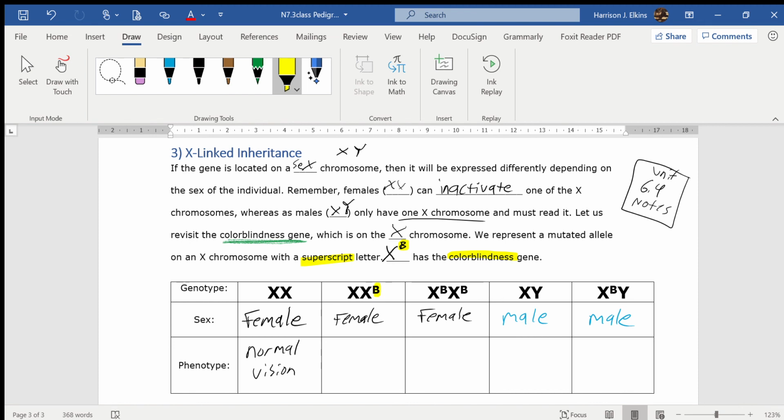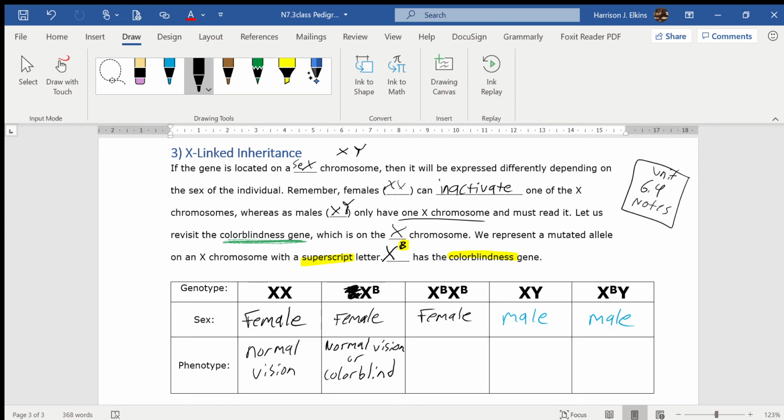But let's say that this female over here has a mutation on one of her X's. There's two possibilities for what phenotype she could have. So, for instance, if she were to inactivate that chromosome, then she would have normal vision. But what if she inactivated the other chromosome? If she inactivated that one, then she would be colorblind. So it really depends.